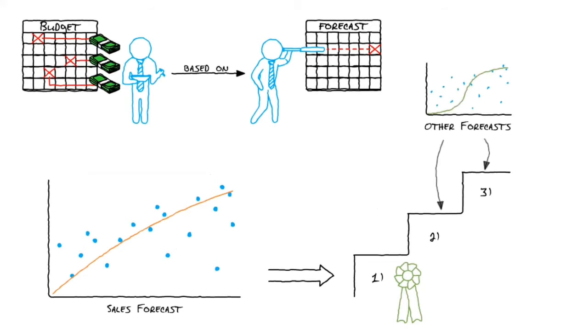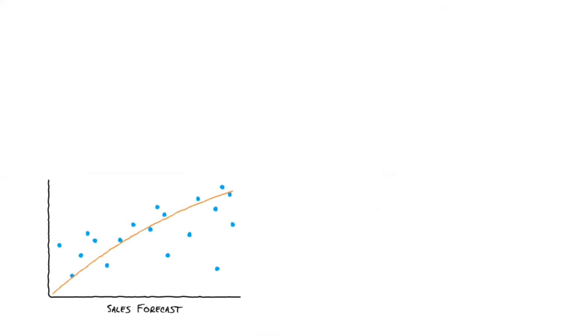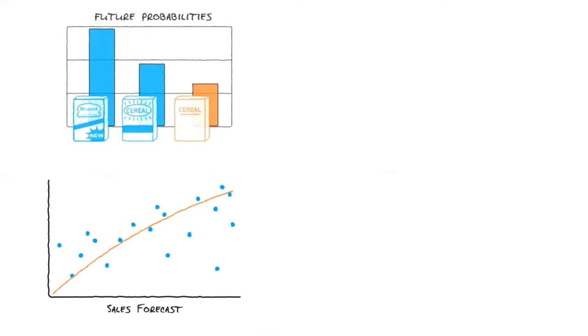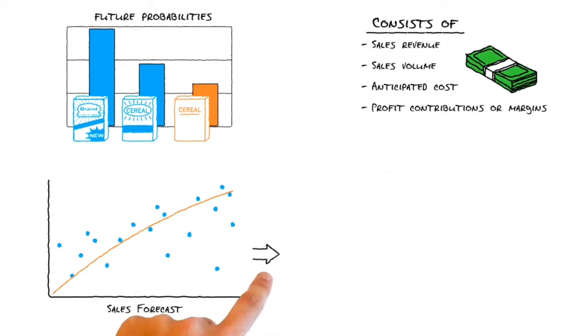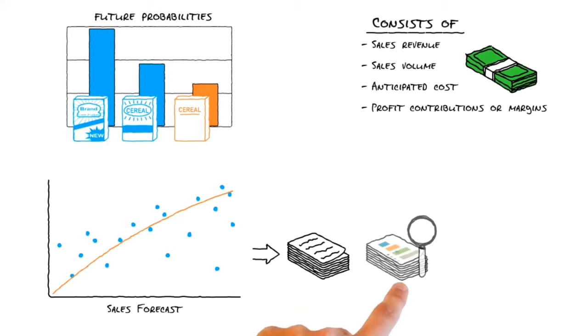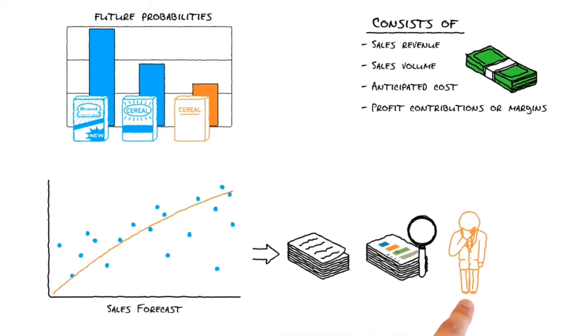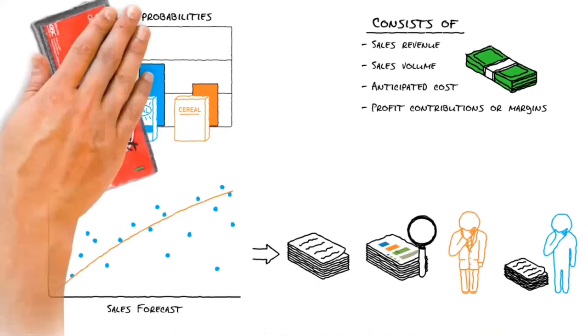All other forecasts are dependent on the accuracy of the sales forecast. The sales forecast identifies future probabilities or expectations from the marketplace. It consists of sales revenue, sales volume, anticipated cost, and profit contributions or margins. Forecasts utilize historical data, statistical analysis, expert opinion, and other references to improve accuracy and inclusiveness.